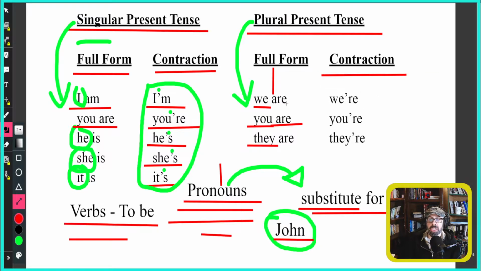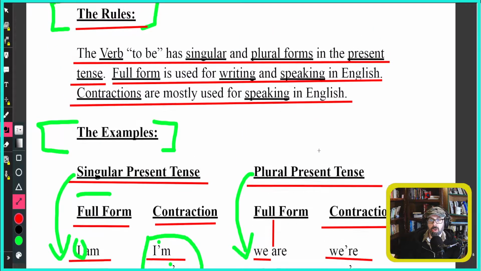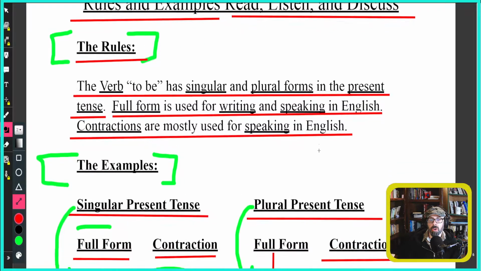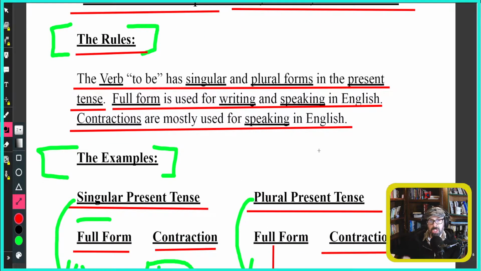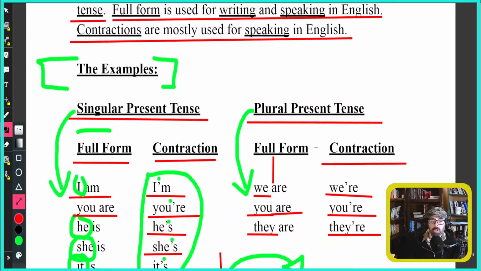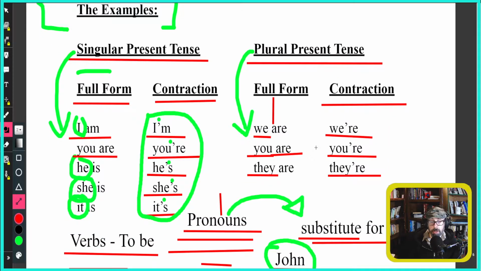Contraction for we are, we're. Contraction for you are, you're. Contraction for they are, they're. All right, so singular or plural, full form, contraction.